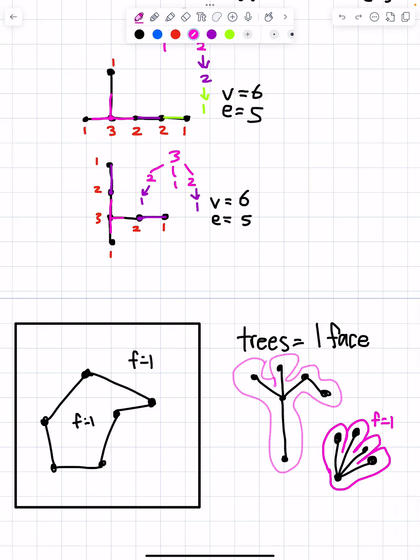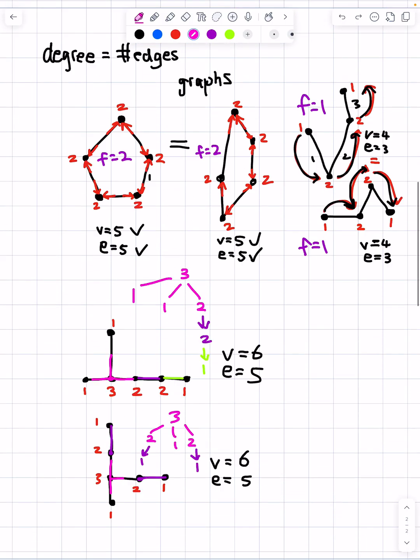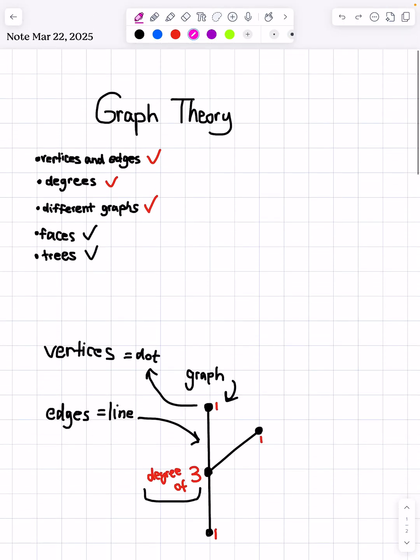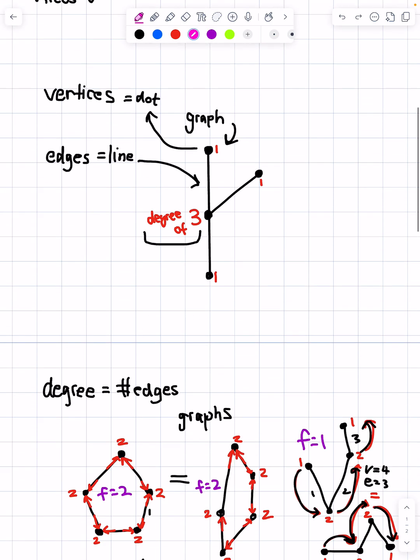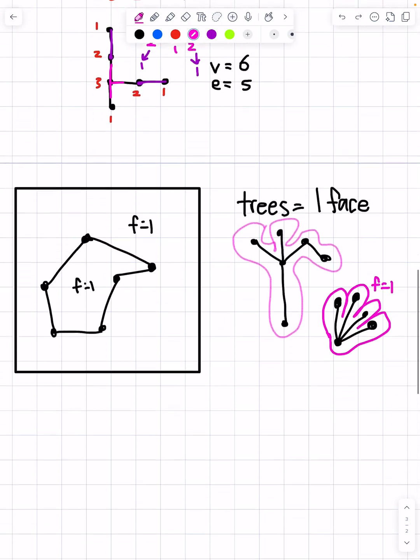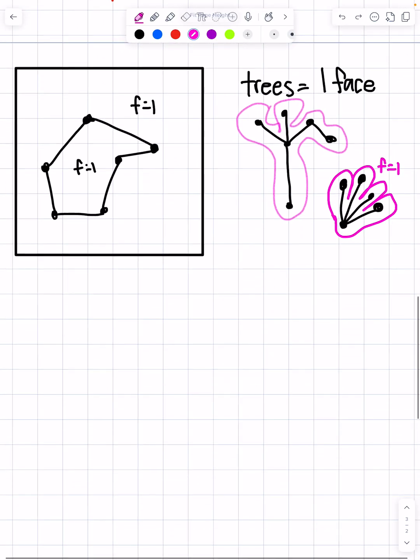So, now, we learn about what vertices and edges are. We learn about degrees. We learn about how to differentiate different graphs. We learn about faces, and we learn about trees. Now, I will post some practice questions.